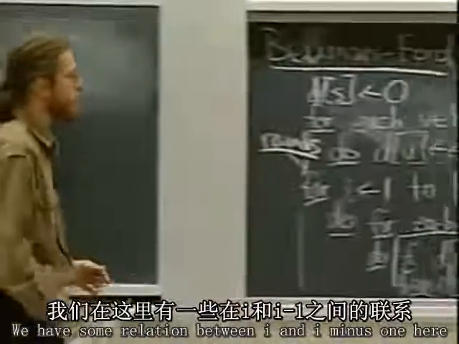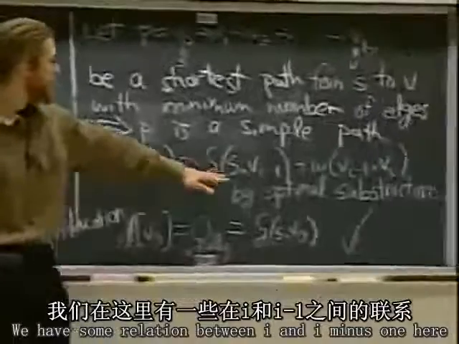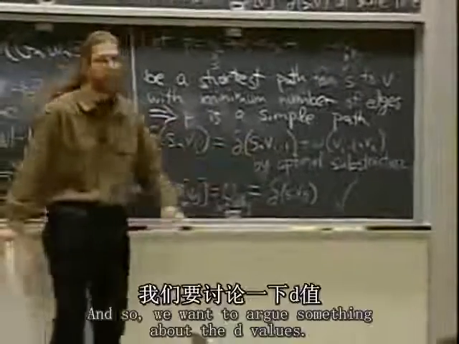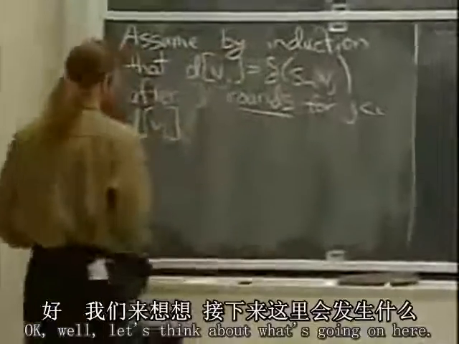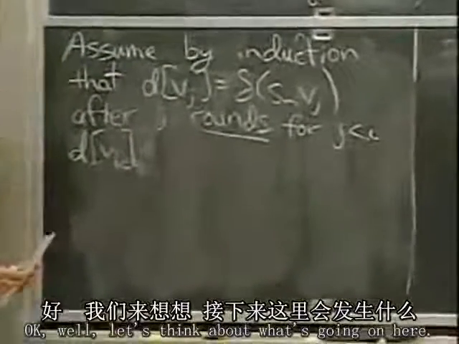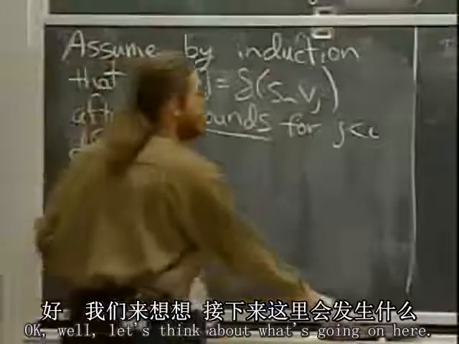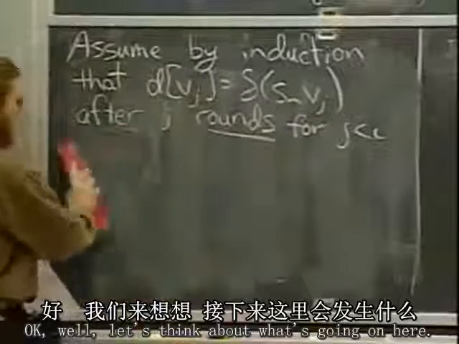So we have some relation between i and i minus 1 here in terms of the deltas, and so we want to argue something about the d values. Well, let's think about what's going on here.